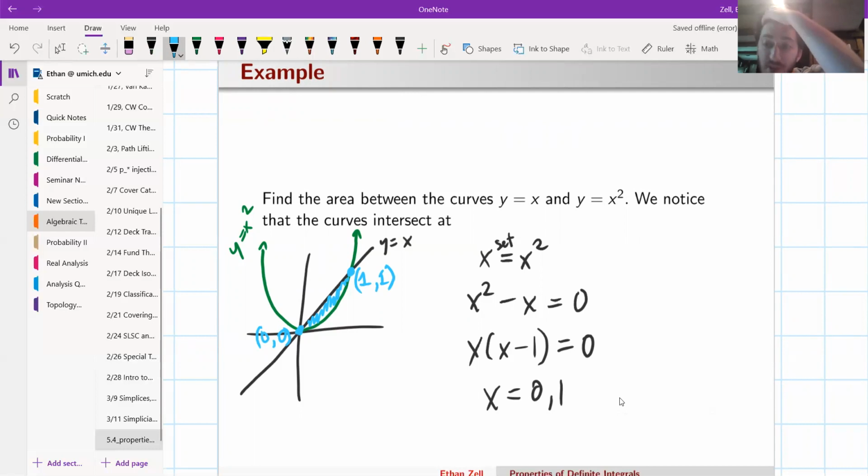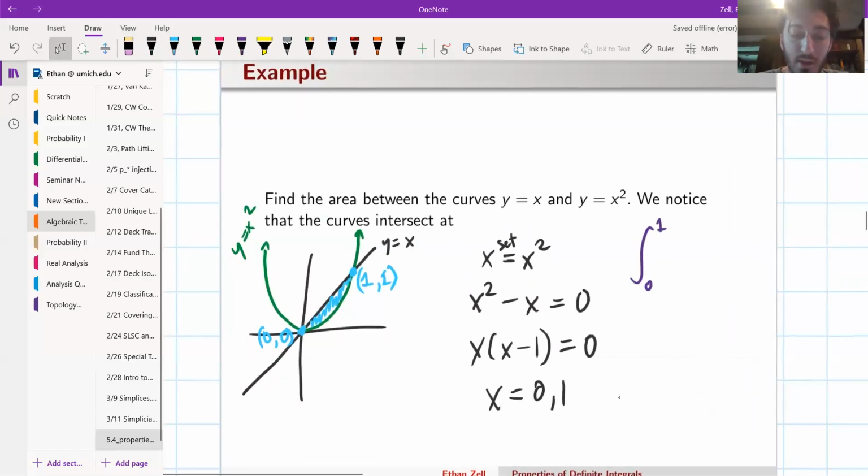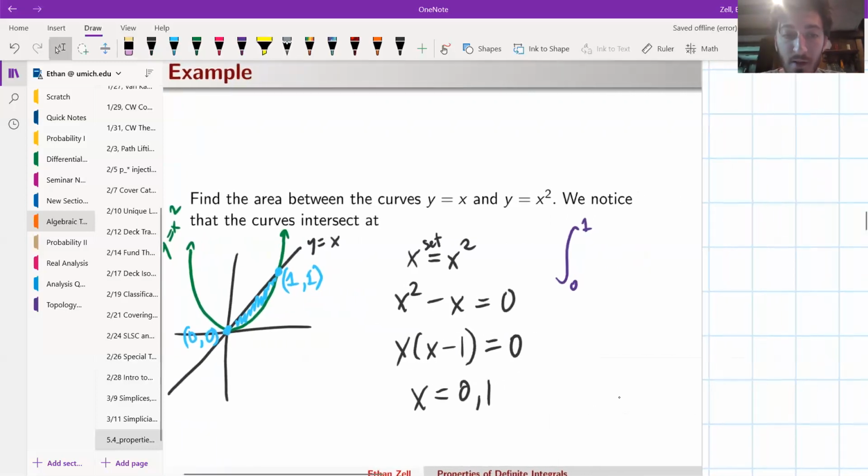Okay, so the previous theorem told us that if we want this area between the curves, we can take the integral of the difference of the curves. So let's do that. The integral we just decided was going from 0 to 1, because we're starting at x equals 0 and ending at x equals 1.